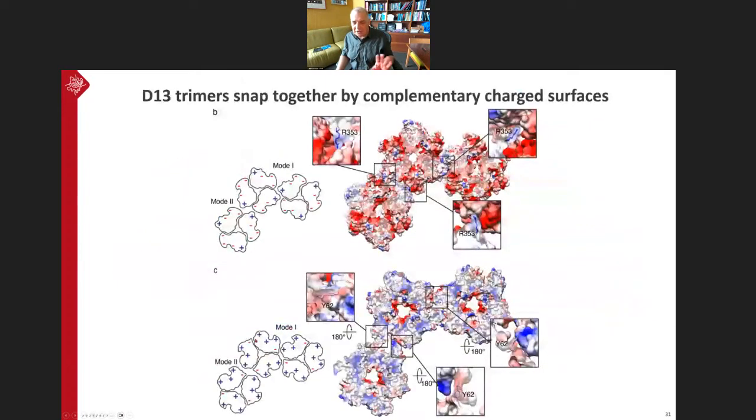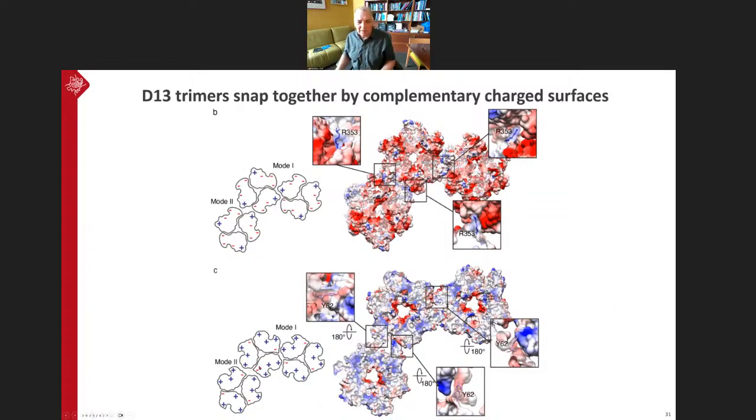Now, when you look at the charge distribution, these D13 building blocks are charged in a way so that they snap together in the correct orientation, because they have complementary charges at their tops and at their bottoms. I'm sure I haven't done this, but I should probably 3D print them and put little magnets in or something. I bet if you would put them in a bag and shake it, you would end up with fully assembled virions, just by means of the charge complementarity.